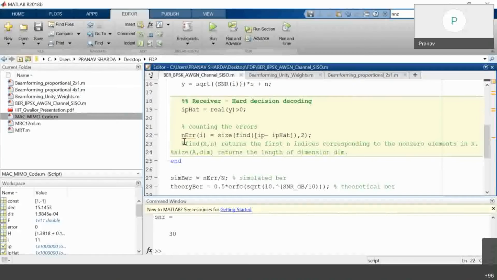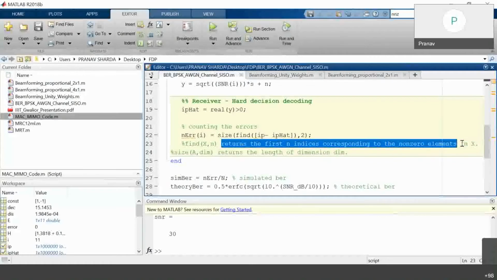So for the sake of convenience, in line number 23, I have written the use of this command find. In general, if you have find of x comma n, it returns the first n indices corresponding to the non-zero elements in X, right? So this is what the use of the find command is.